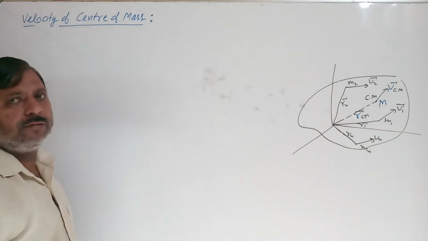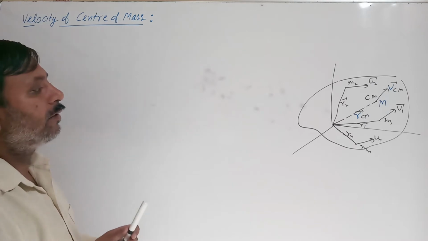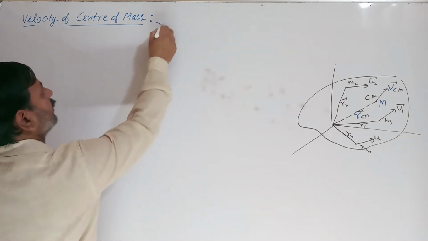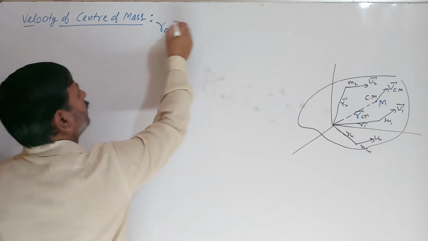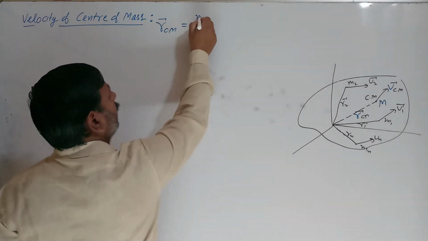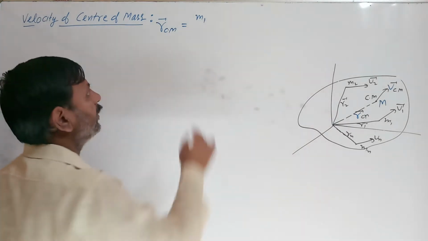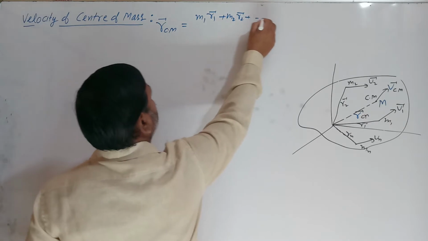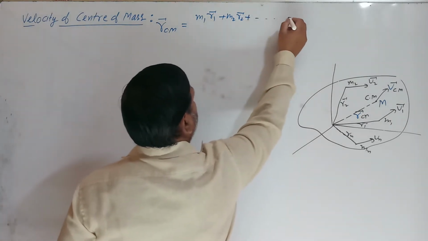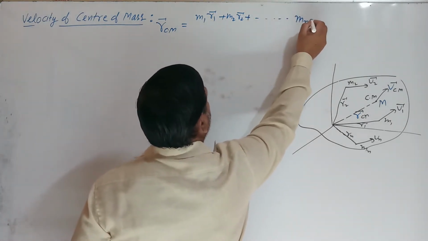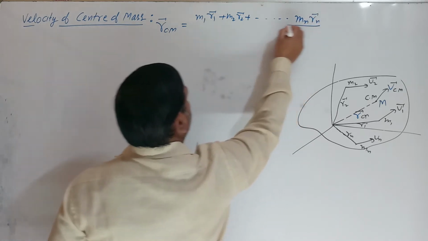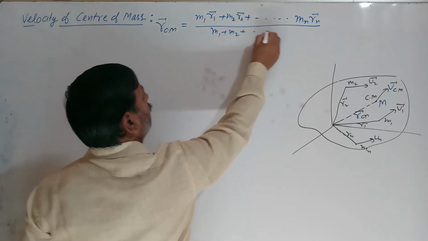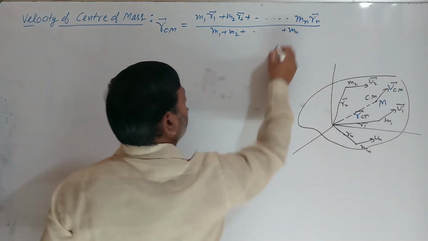But we know that the center of mass position vector rcm is equal to m1 r1 plus m2 r2, like that up to mn rn, divided by the total mass m1 plus m2 plus mn.